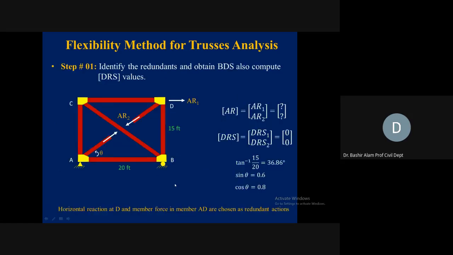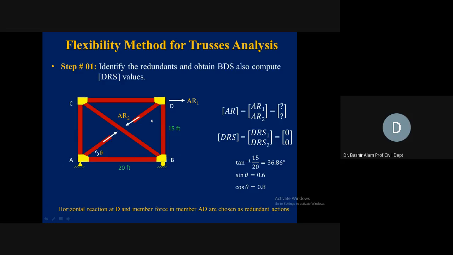Now here, let's redesignate. As it was externally 1 degree, the redundant action at D, to the right, we assume. This is our AR1 towards the right. And the tensile force in this AD, we declare as our redundant action, tensile force in member AD. This is AR2.